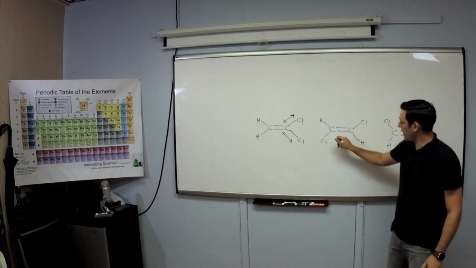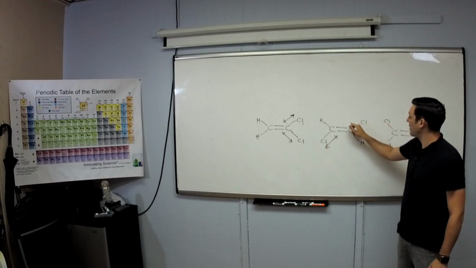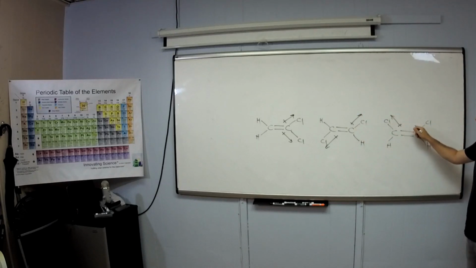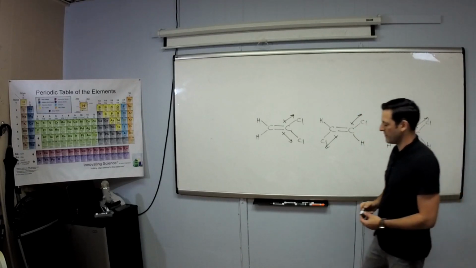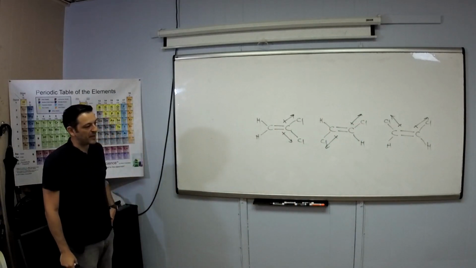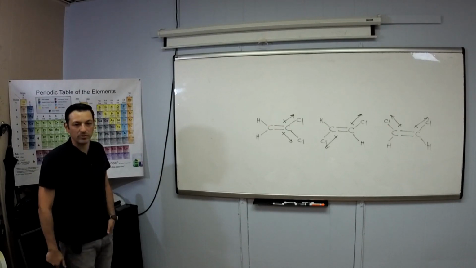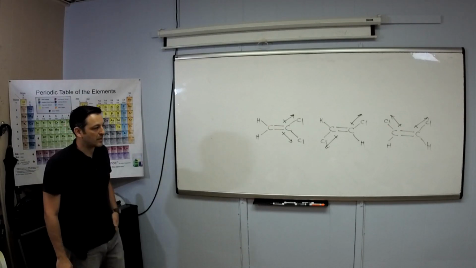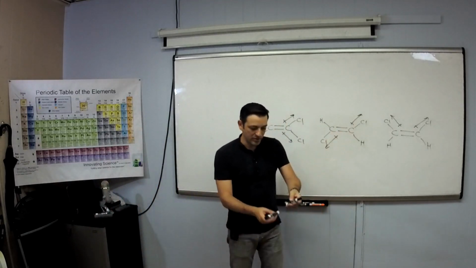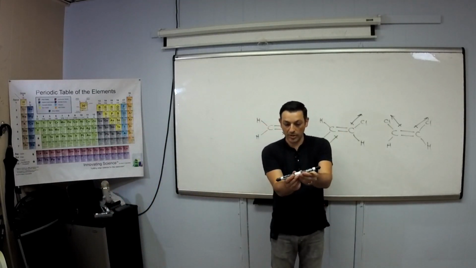So here's your vectors there and here. For anyone paying attention, it's kind of easy to follow which one is least polar. It's this idea that vectors that are 180 degrees apart are going to cancel out the most.